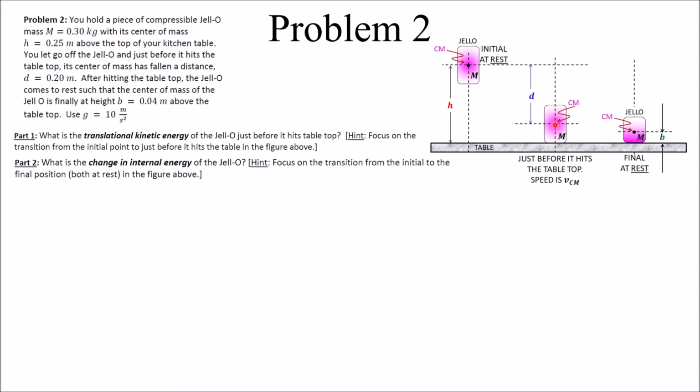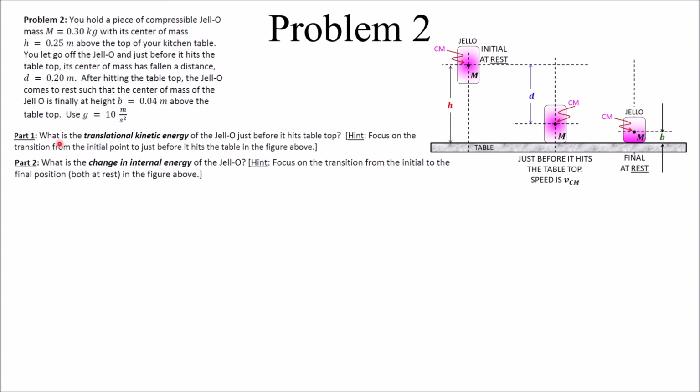And that's usually where a lot of problems stop, is they want to find the velocity at the bottom right before it hits. But in this problem, we're actually going to consider that the actual final velocity is at rest. I mean, we all know, you throw something on the ground, eventually it's going to hit the ground, and after that collision, it's going to come to rest. But it'll come to rest, and there'll be some compression that happens as well during that collision. And so we're going to account for that as well.